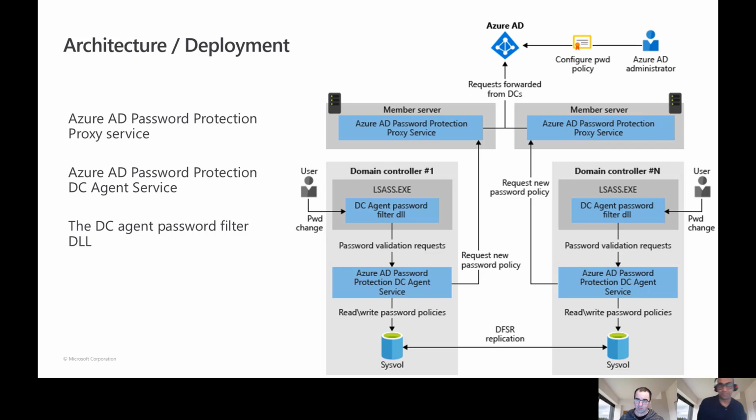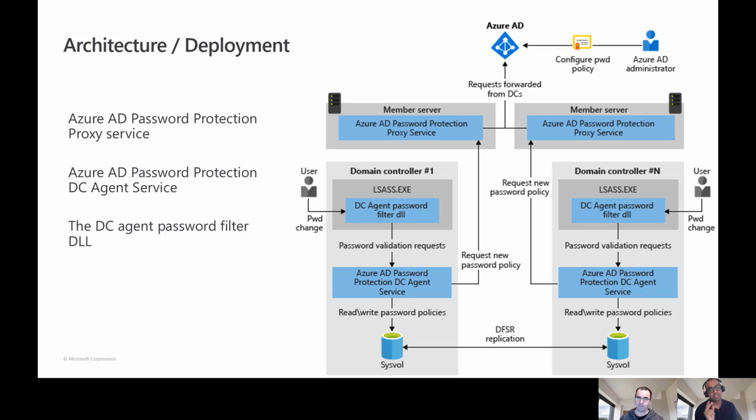Now, as I said, from a deployment perspective, there are three important components here. There are two agents, and one is the file, which is extremely important in this process. One is the Azure AD Password Protection proxy service, which you see at the top of my diagram.